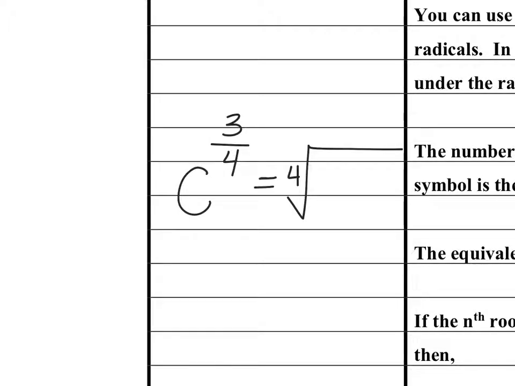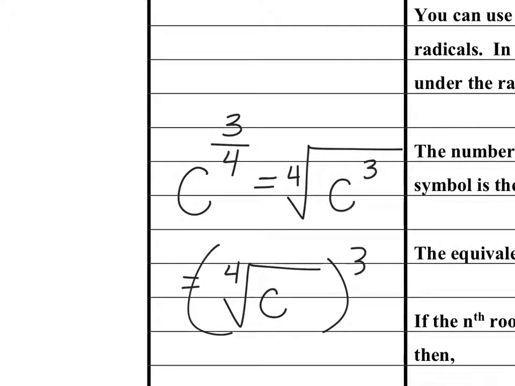And so this is the 4th root of c cubed. Kind of weird. So the bottom number tells you what the root is. The top number tells you what to take the base to a power of. Another way you can write this is 4th root of c, all of that to the 3rd. That's another way to write it.